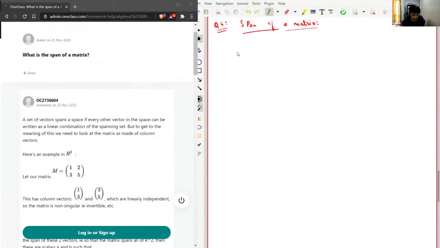So here's an example. They have given a matrix M that is 1, 2, 3, and 5.